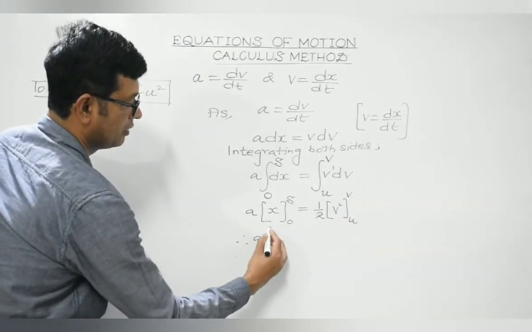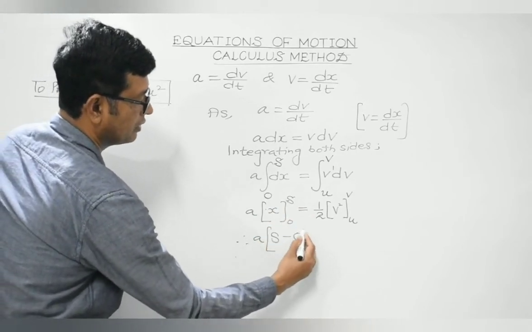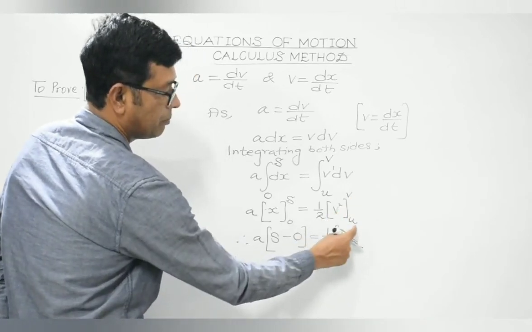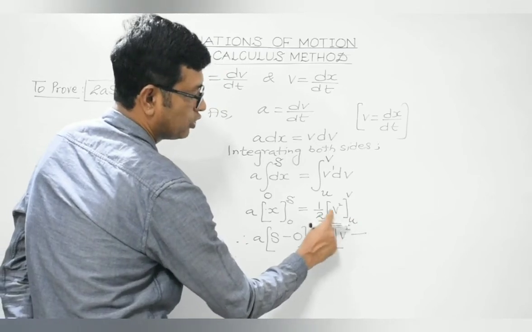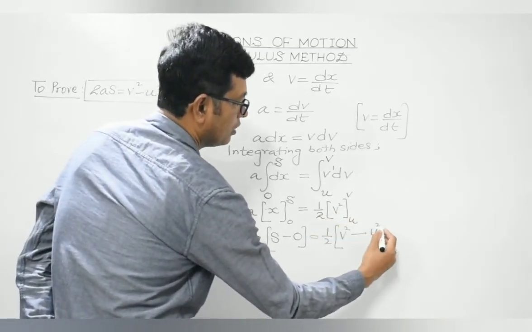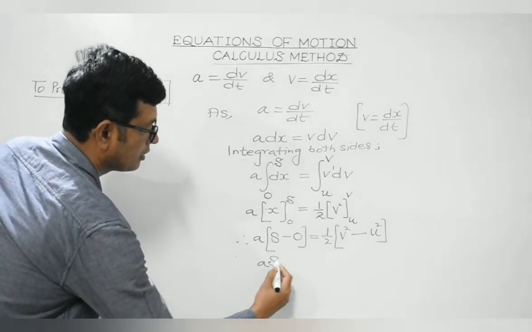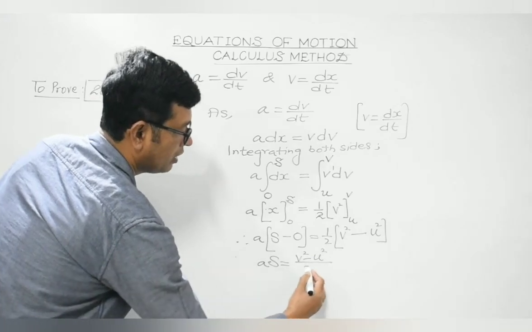Therefore, a into upper limit minus lower limit, s minus 0, is equal to half, again upper limit minus lower limit, v square minus, in place of v, substituted by u. So this is it. What you get is as is equal to v square minus u square divided by 2.